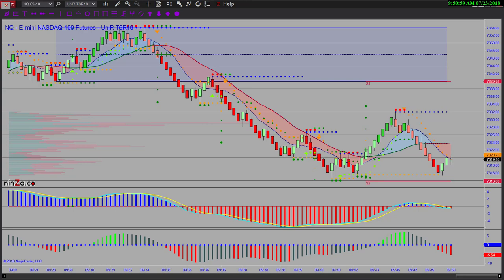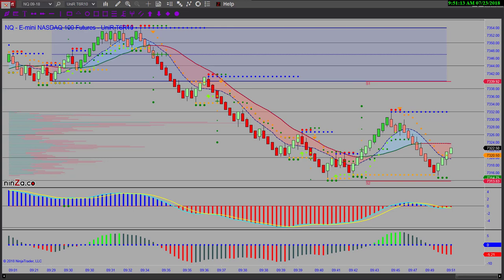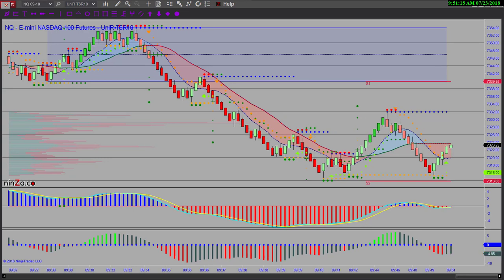Chris, the colored moving averages obviously help you visualize it. It's called a multi-moving average. I believe I got that at Ninjacators. So we're talking, let's see.